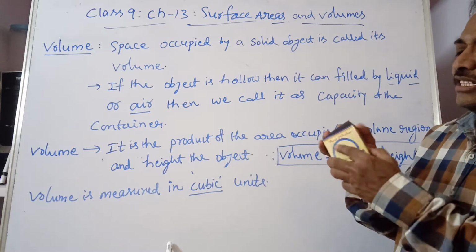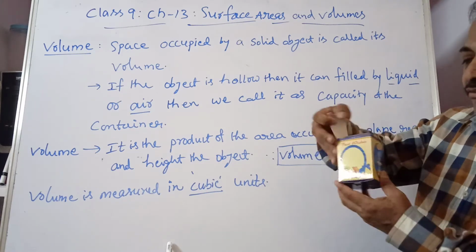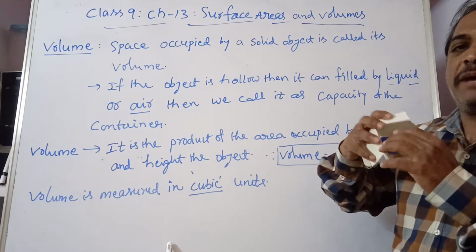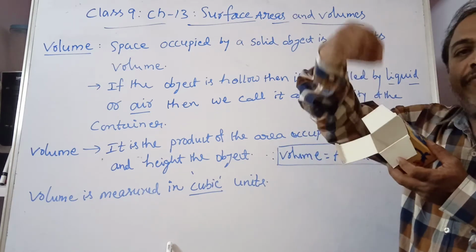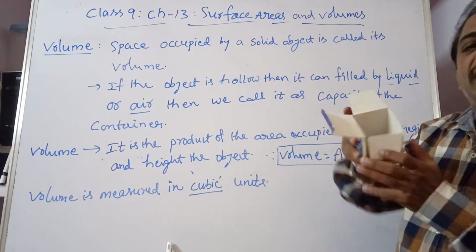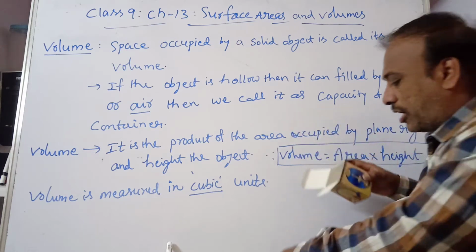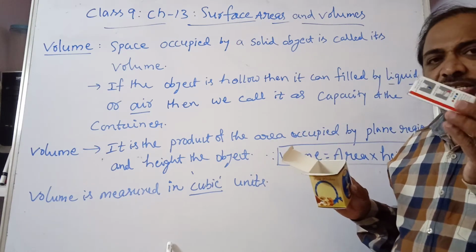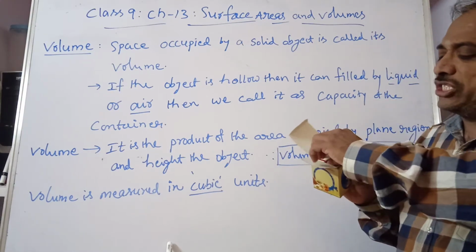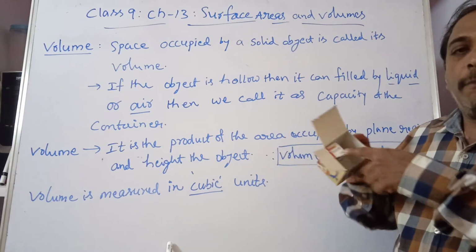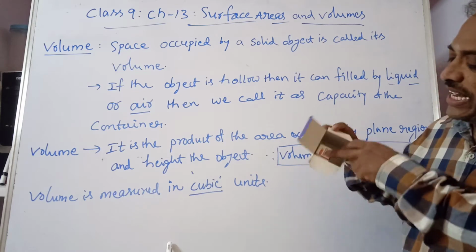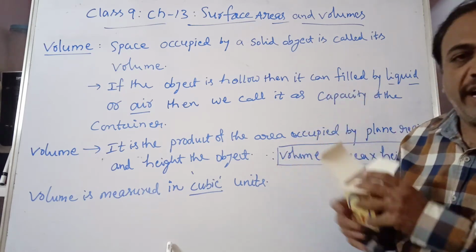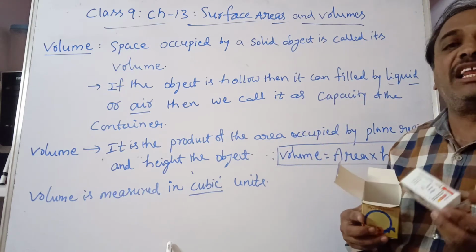When you close it, it is a cuboidal shape. When you open it, it has some empty space. In that, we can place small objects, even like this one, which is also cuboidal. We can place such small cuboidal boxes. How many can fit in this? That time also we calculate.